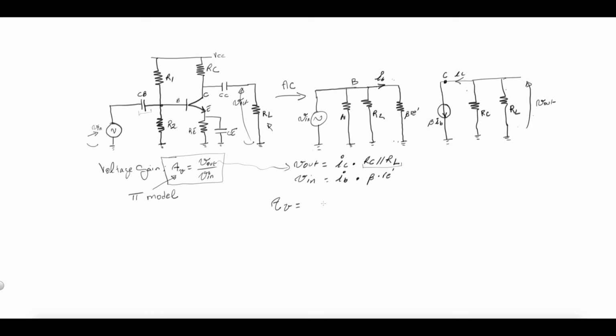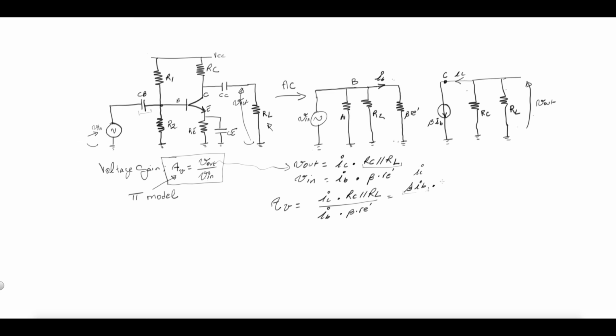Okay, so let's go ahead and put IC in the numerator times RC in parallel with RL. Let's put the other value in the denominator, IB times beta re prime, right? And what is IC equal to? Well, that's beta IB, right? So that's IC right here. This is IC, right?